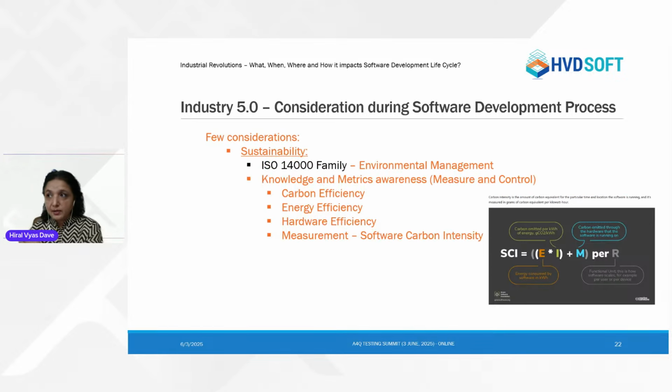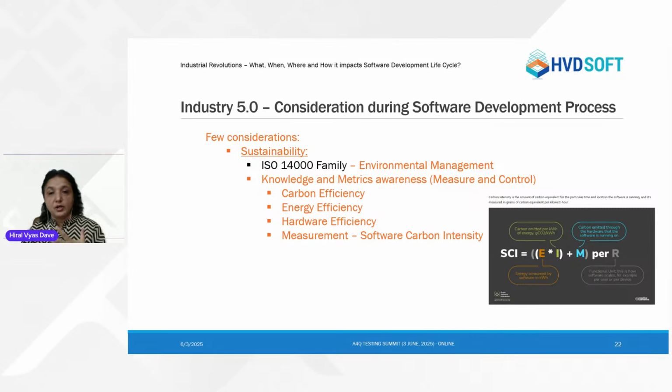For sustainability, the 14000 family is something which I would recommend people to read. And recently I came across the 6 principles of sustainability for software engineering, very clearly for software engineering. And then I came to know software carbon intensity is something which I should be aware of when I am designing, coding, and testing my software.